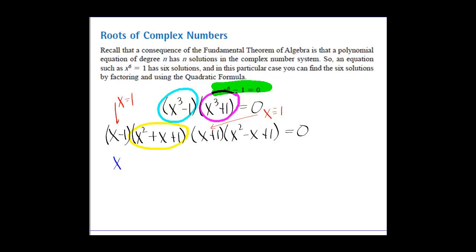So if we apply the quadratic formula, we get x equals the opposite of b plus or minus the square root of b squared minus 4ac all over 2a. So x equals negative 1 plus or minus the square root of negative 3 all over 2.